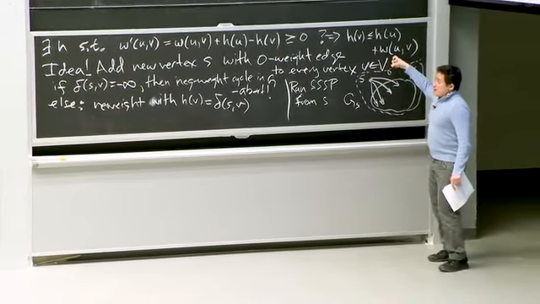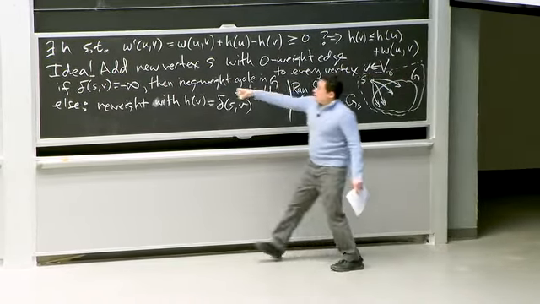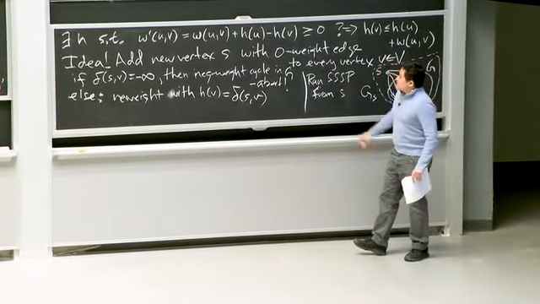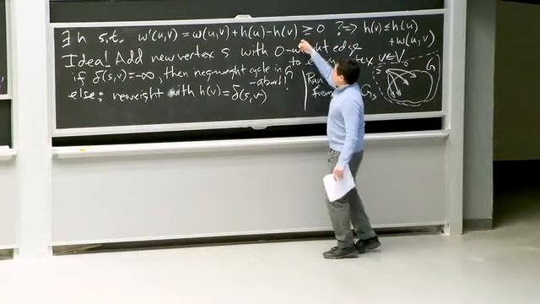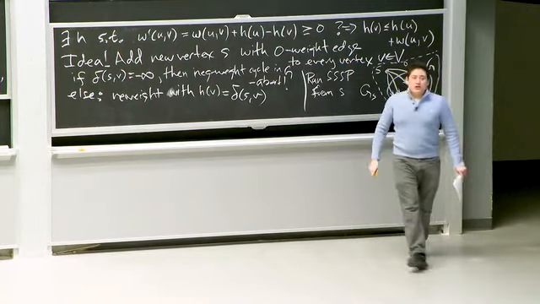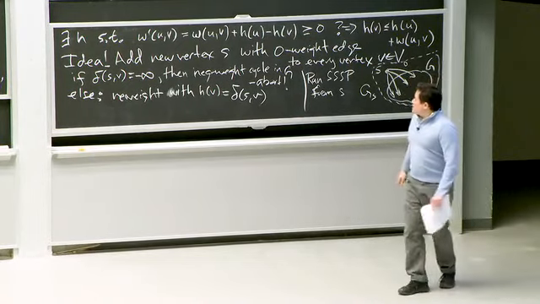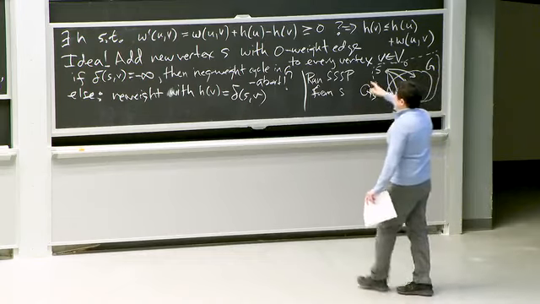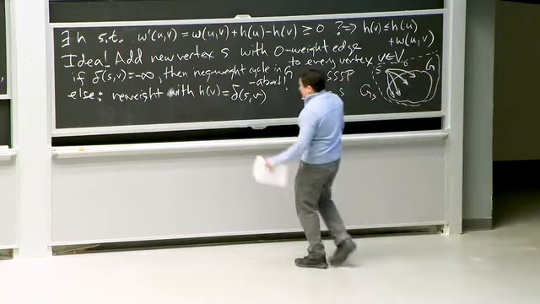And because there's no negative cycles, all of these values are finite, and then this reweighting will lead to a graph with no negative weights, or non-negative weights. Okay, great.